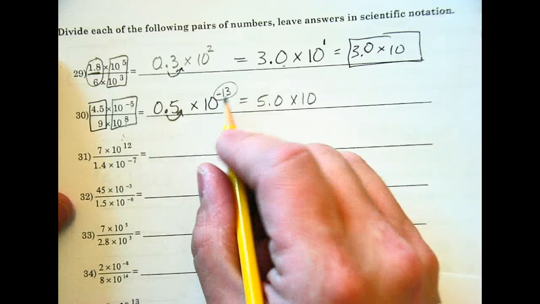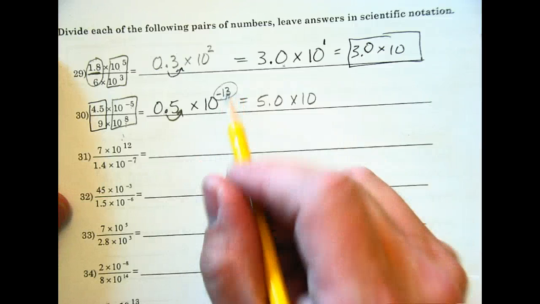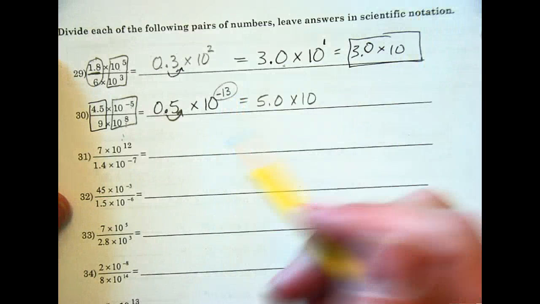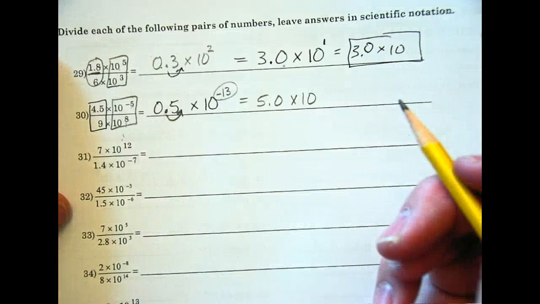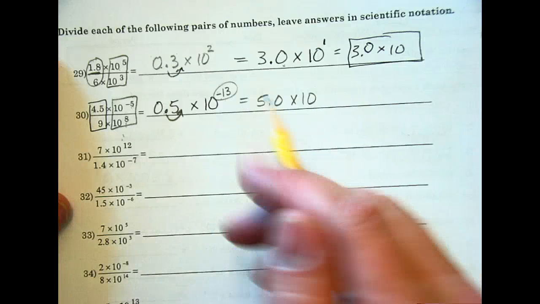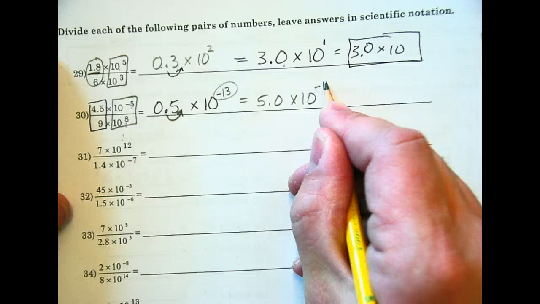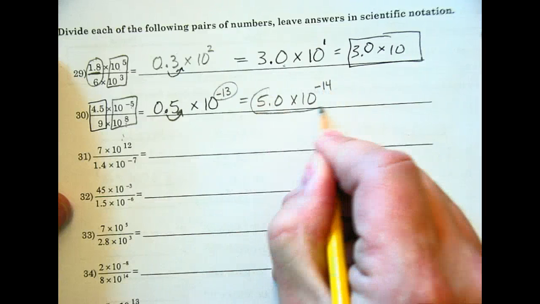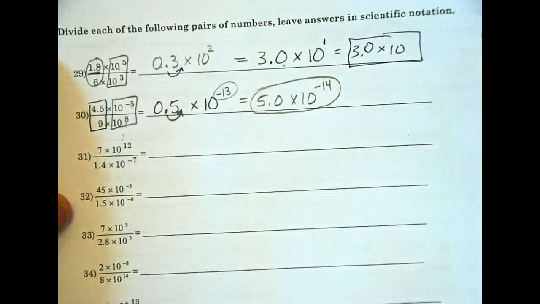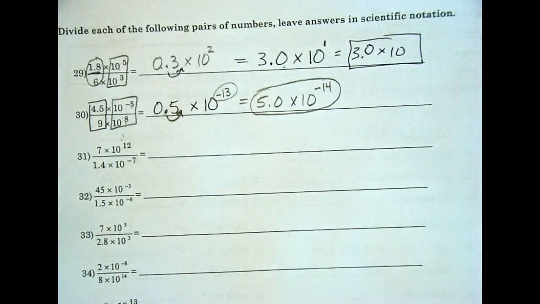Is that smaller than negative 13? Skylar, pay attention. No. What's bigger, negative 13 or negative 12? Negative 12. That's bigger, right? So yeah, we got to subtract 1. Negative 13 minus 1 is negative 14. Okay. All right, go ahead and work on that section there. Give yourself a little time.